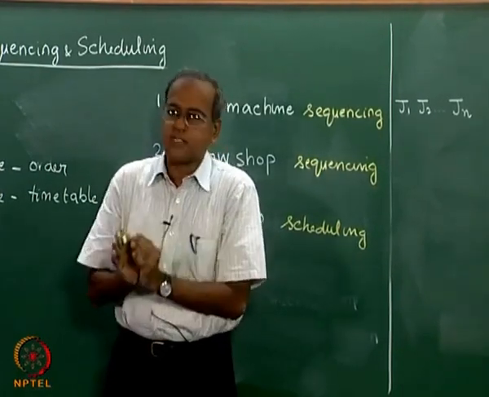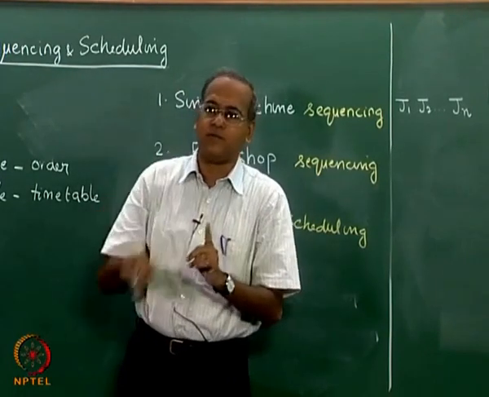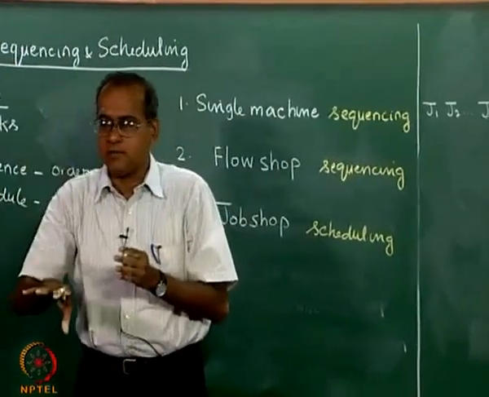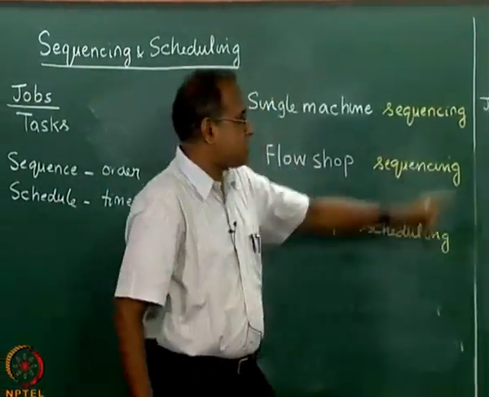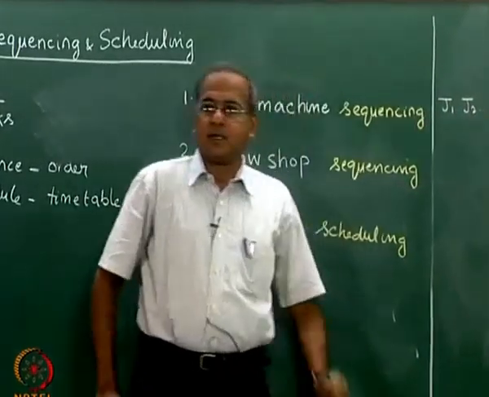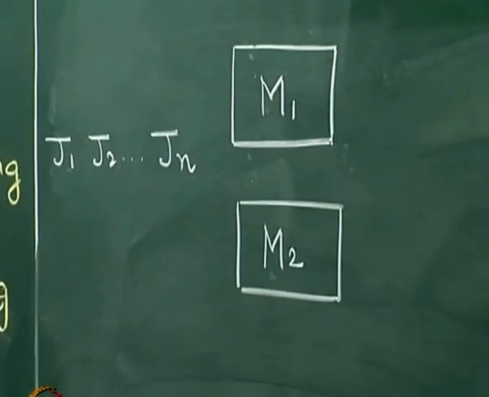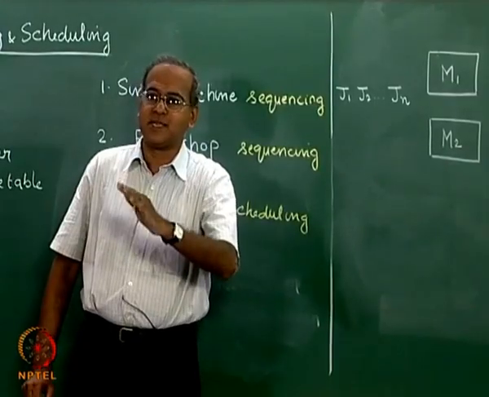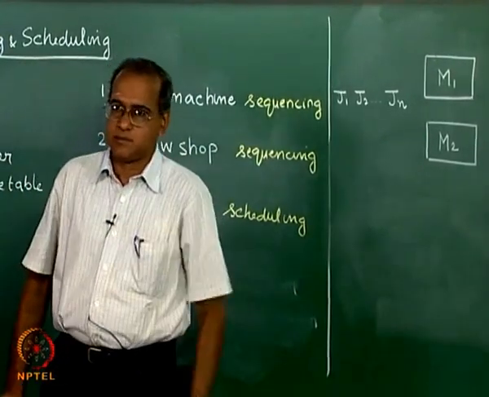And then the further assumption is that it will go to either M1 or M2, it will not visit both, it will be allowed to go to only one of them, complete all the operations and leave. If these two machines are such that the processing time taken for a particular job J1, whether it goes to M1 or whether it goes to M2, is the same, then it is called identical parallel processor.